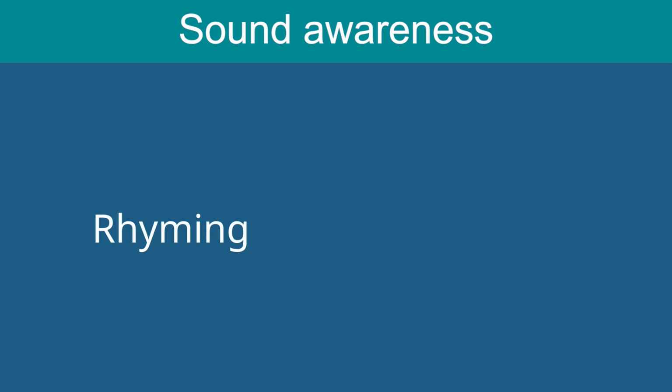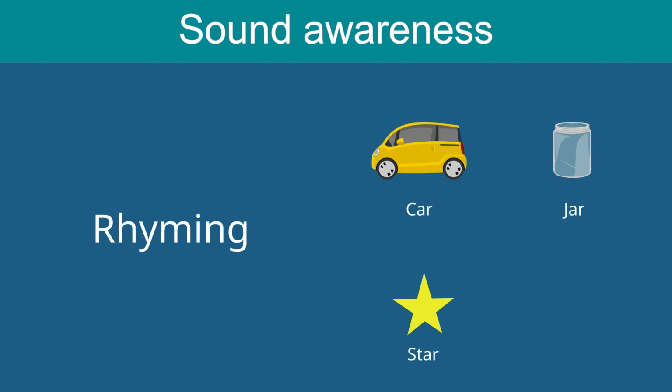Rhyming means that you use the same sound at the end of words. Like for the AR sound, you could say car, jar, star, and bar.